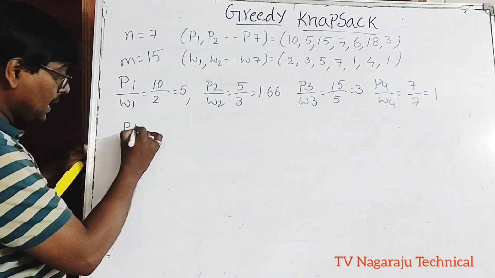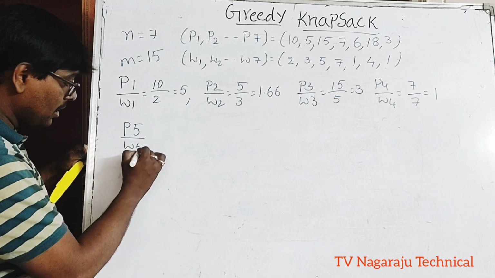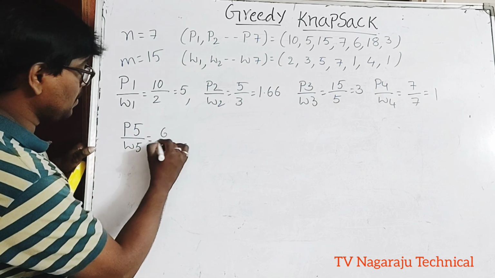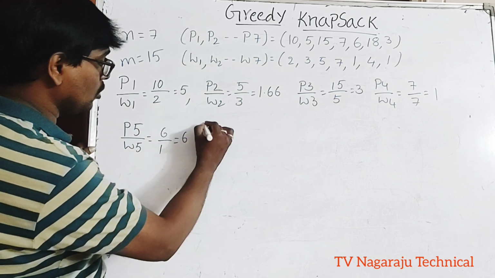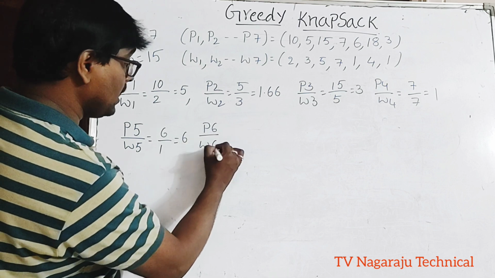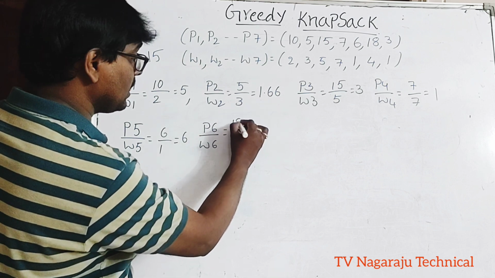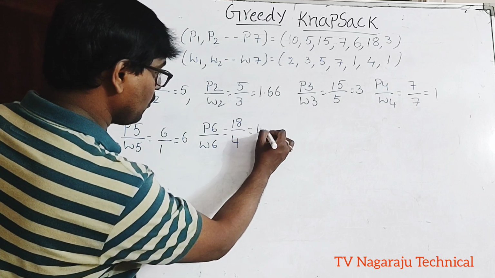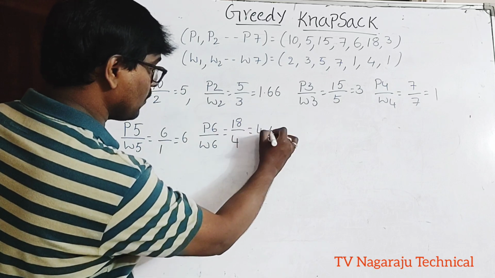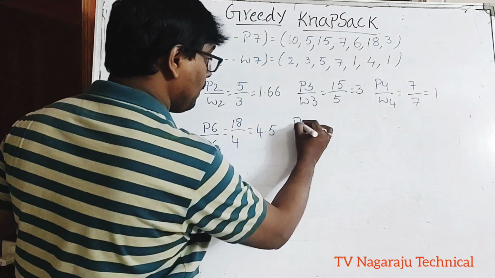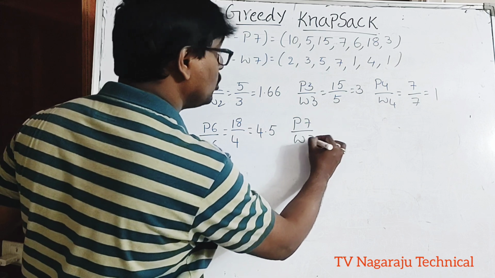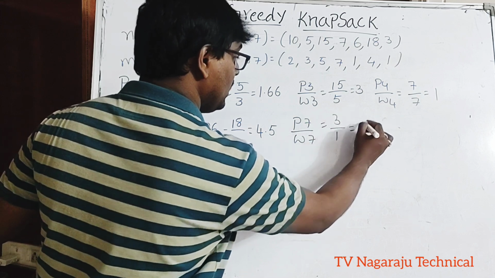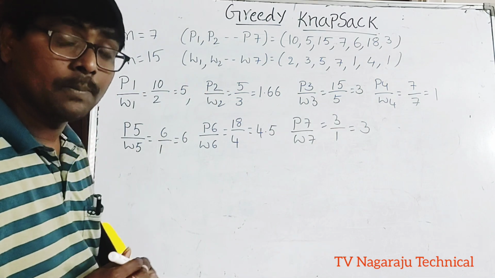Next, P5 by W5, 6 by 1, value is 6. P6 by W6, that is 18 by 4, approximately 4.5. P7 by W7, 3 by 1, 3. Okay, the first step we completed.